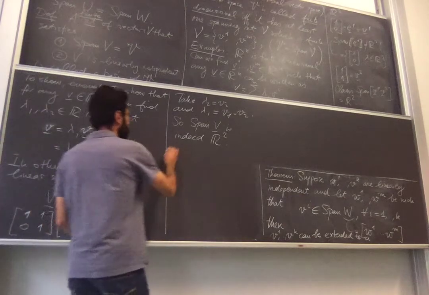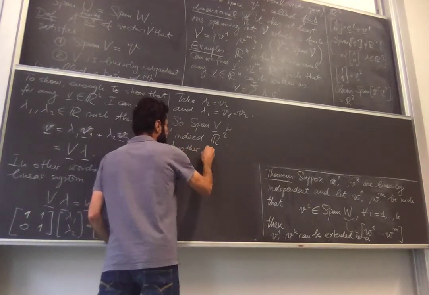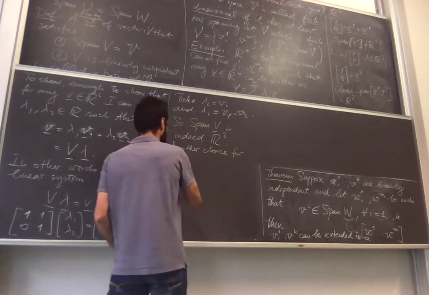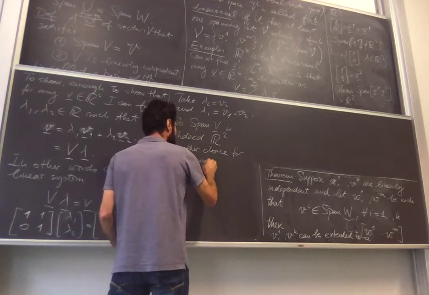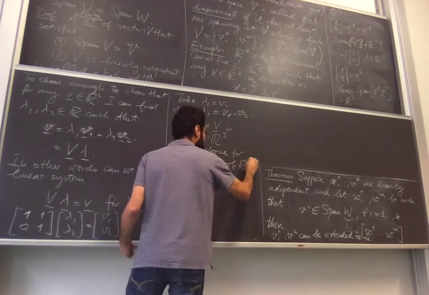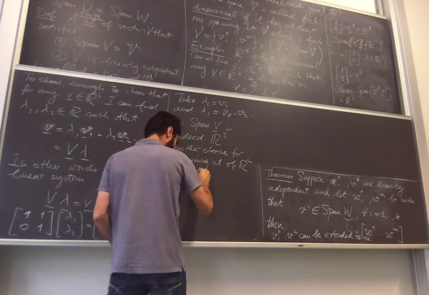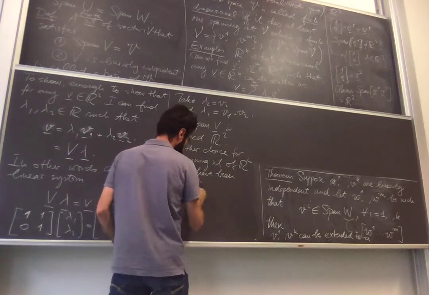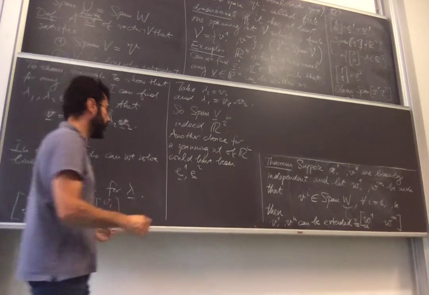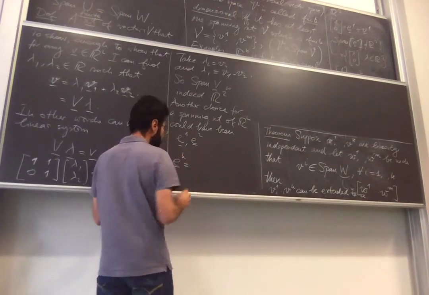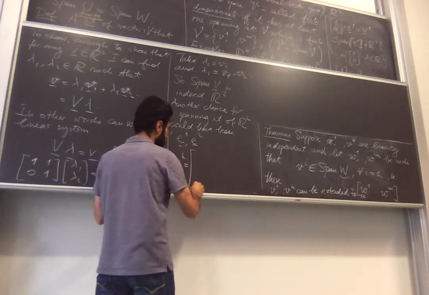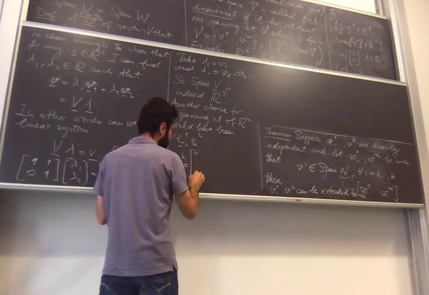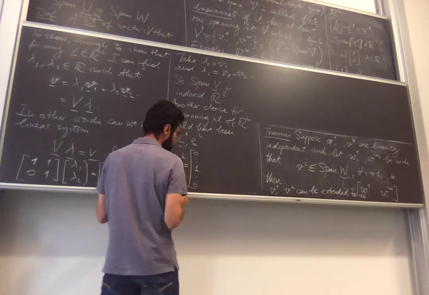Another choice for spanning set. So for R2 it could have been E1, E2. I remind you, Ek in general is the vector formed by all entries zero except for the kth one, which is non-zero.